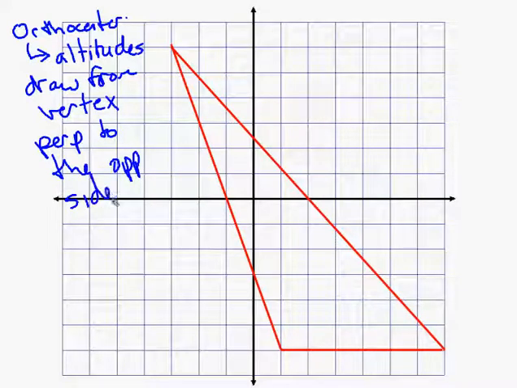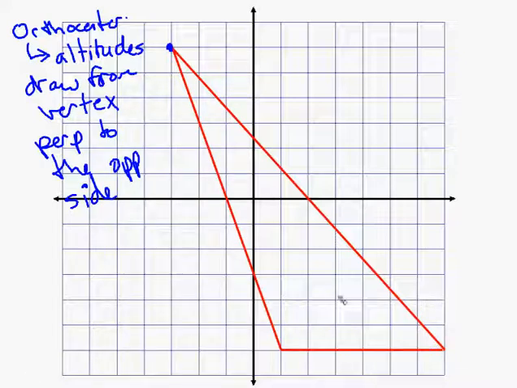So again, I'm using perpendiculars, but this time, instead of starting at the side, I'm going to start at a vertex. So let's say I choose this vertex. Then I'm going to draw to the side opposite. The side opposite is going to be this side right here.